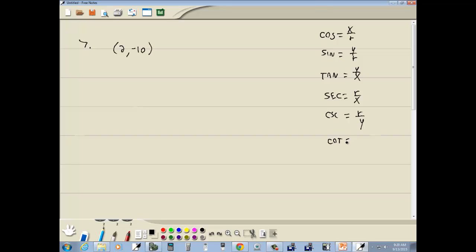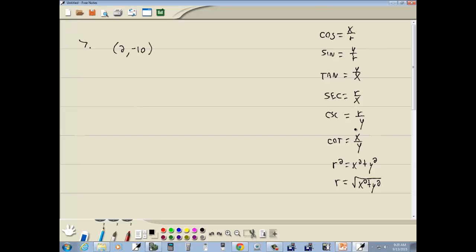And then we got cotangent, which is x over y. And r is going to be derived by this formula. R squared is equal to x squared plus y squared. Or if I were to go ahead and drop the second power, we can put square root around this. And we got r is equal to square root of x squared plus y squared.